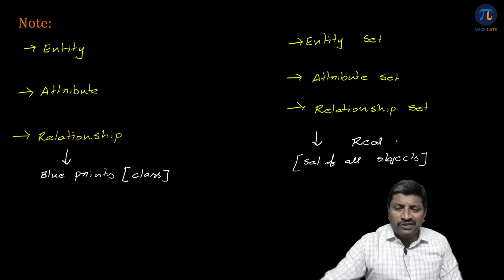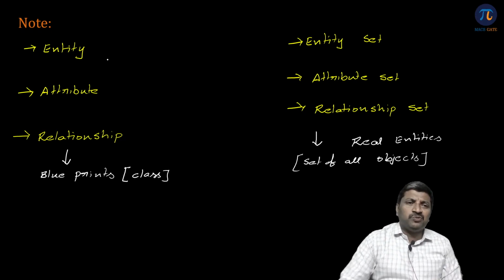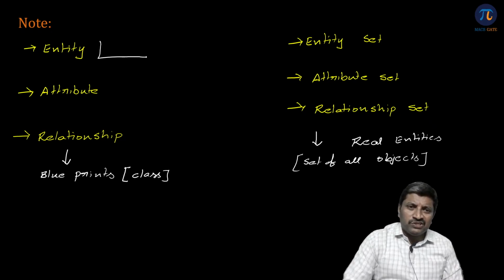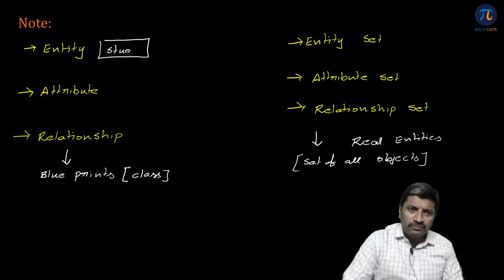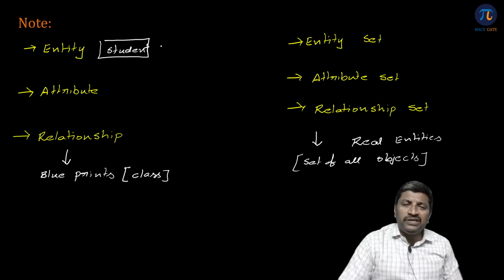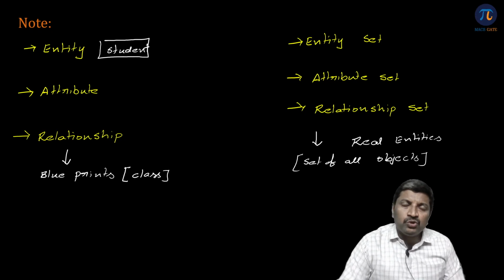There you are saying simply entity, it's a blueprint, but you consider some examples, right? Let me give a small example. Suppose I consider student. Sir, student is a generic term to denote the person who is studying in a university.